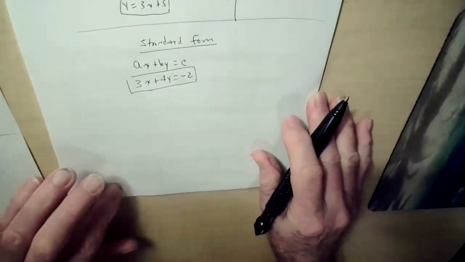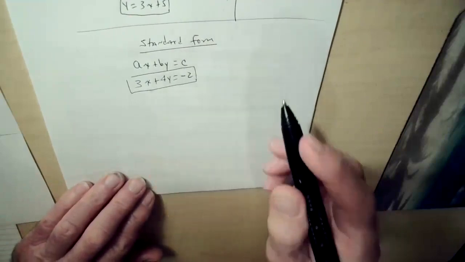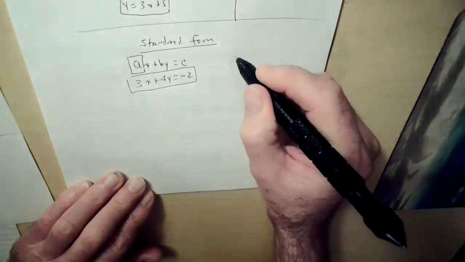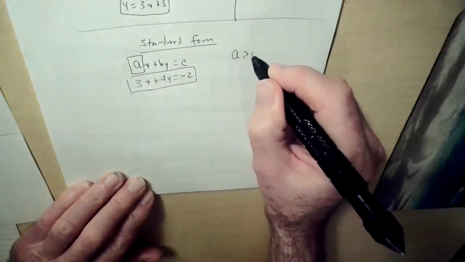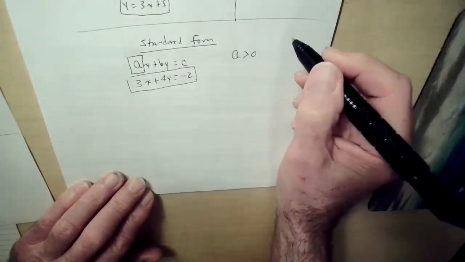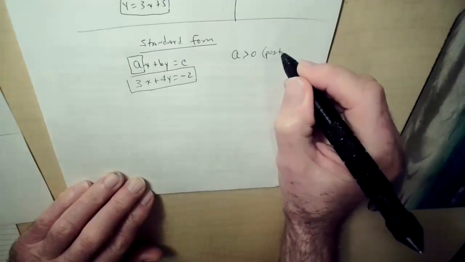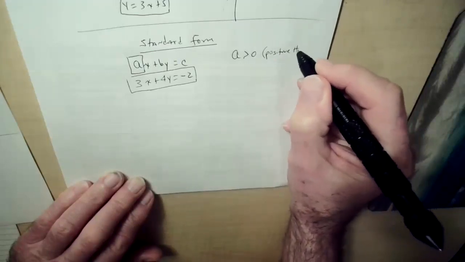Now there are two requirements for standard form. A, this number here, must be greater than 0. What does that mean? Positive. A positive number.